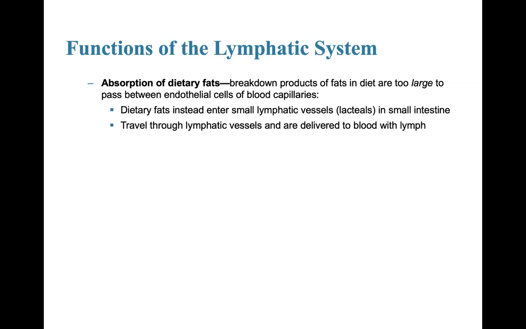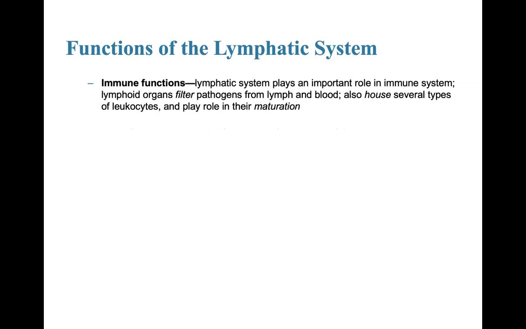And you'll see in a minute that the actual opening into the lymphatics is a little larger than what you would see for a capillary. Dietary fats instead will enter small lymphatic vessels referred to as lacteals, which are located within the small intestines. They will travel through lymphatic vessels, and then they are delivered to blood with the lymph.